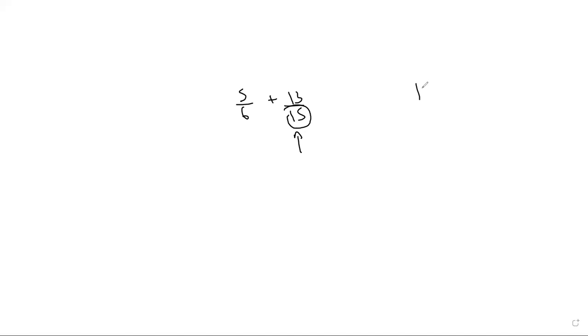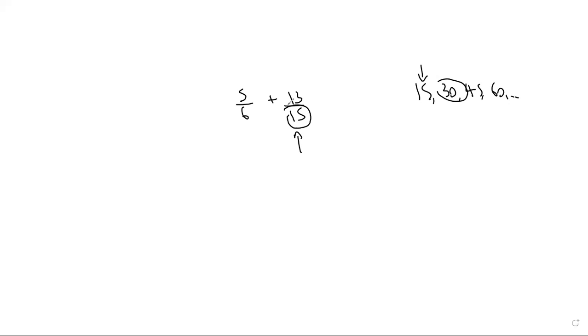So you could just go 15, 30, 45, 60, etc. And then you just look at that list and pick the first one that works. 15 doesn't work because 15 is not a multiple of 6. On the other hand, 30 actually does work for both of them. It's a multiple of 15 and it's a multiple of 6.